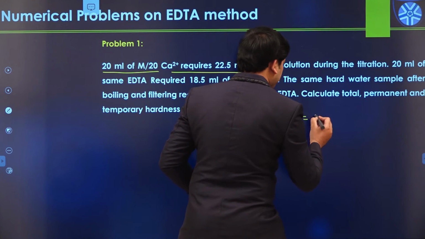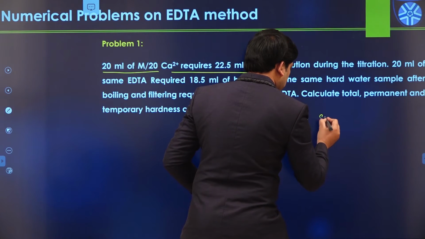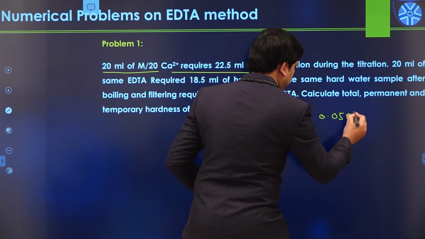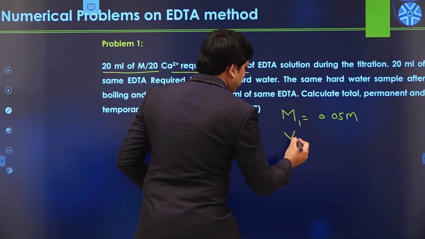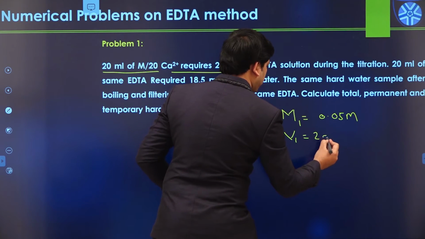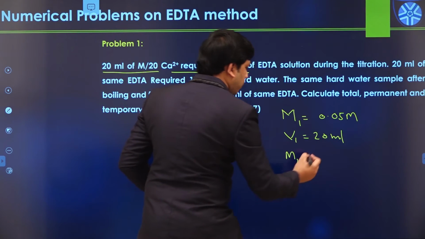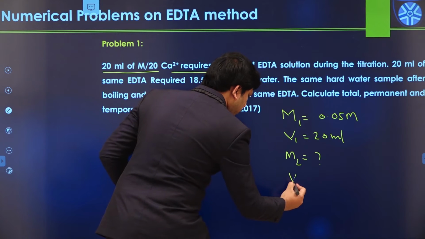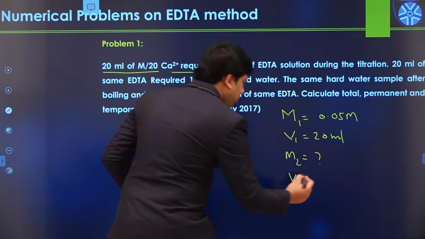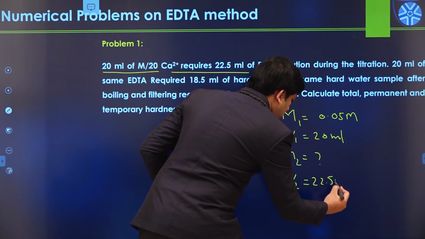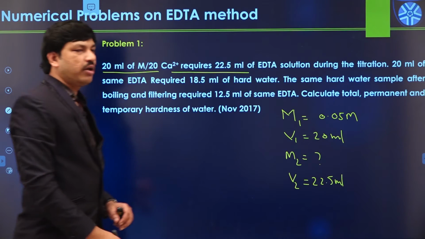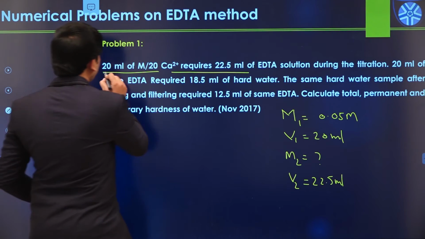That is 0.05 molar, and V1 value is 20 ml, M2 value is unknown, and V2 value is 22.5 ml.